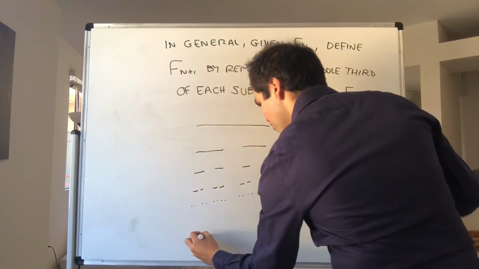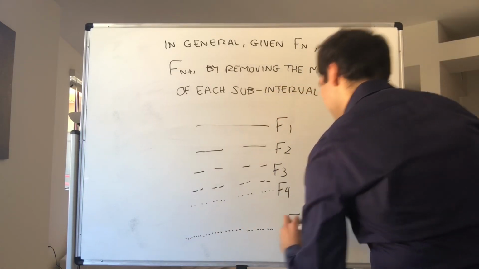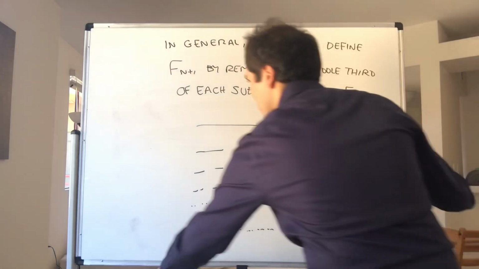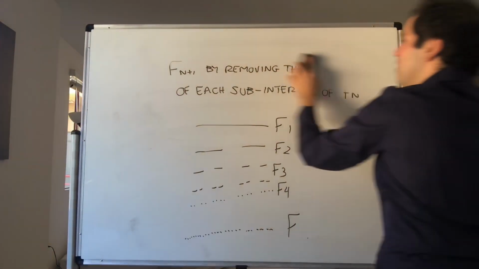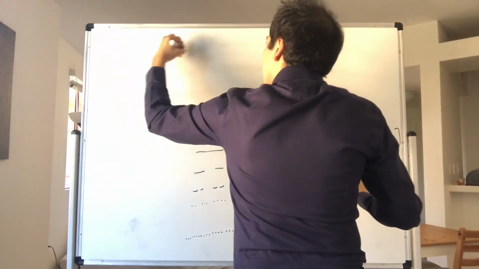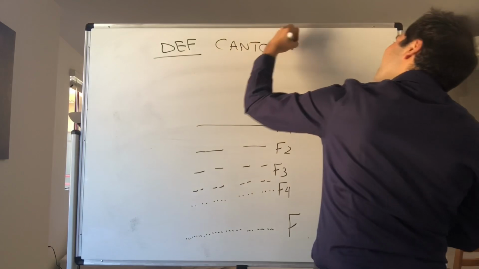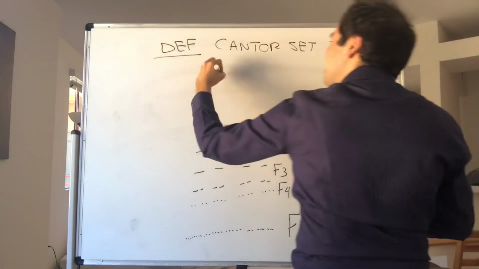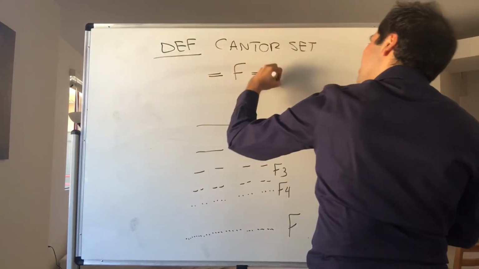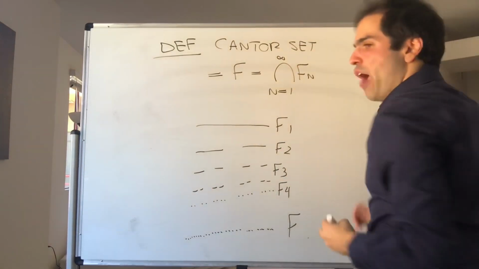So F, which is called the Cantor set, is the intersection. So, definition: the Cantor set, I love this word, is just defined to be F, which is the intersection from n = 1 to infinity of Fn.